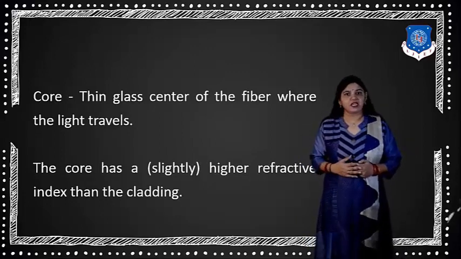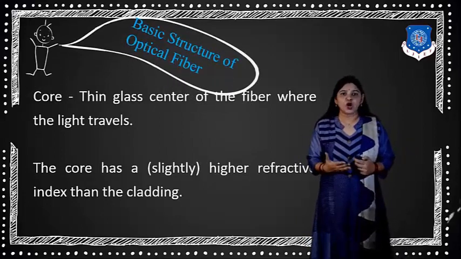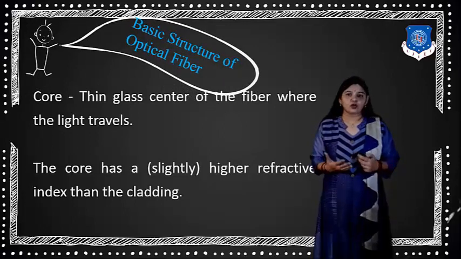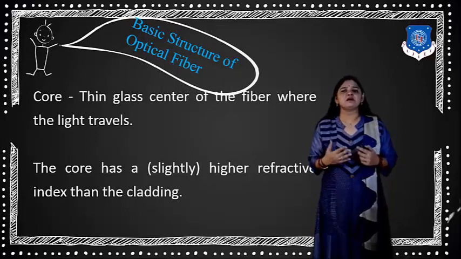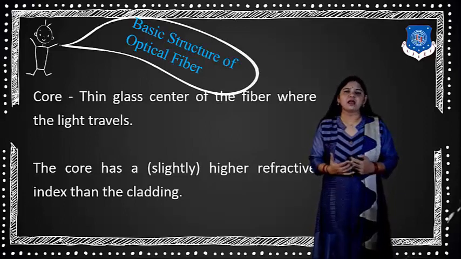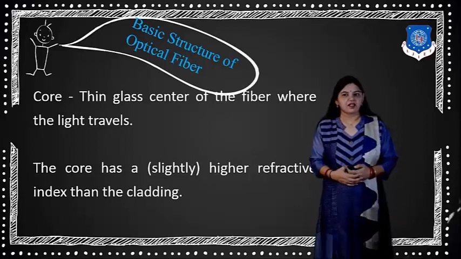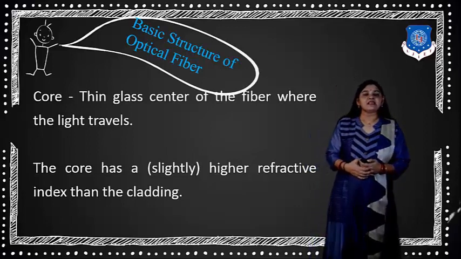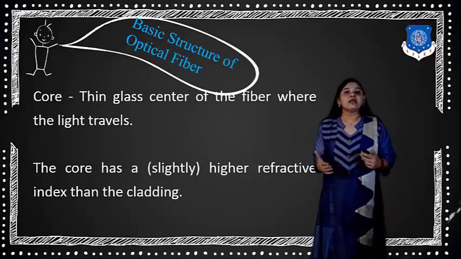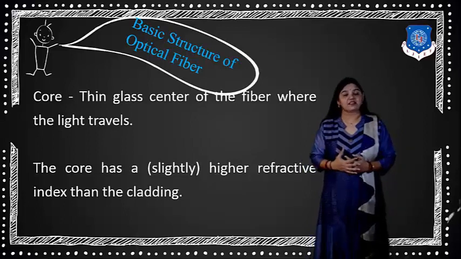Very first, the inner part of the fiber optic cable is the core. It is the thin glass center of the fiber in which the light travels. The core has a higher refractive index than the cladding.